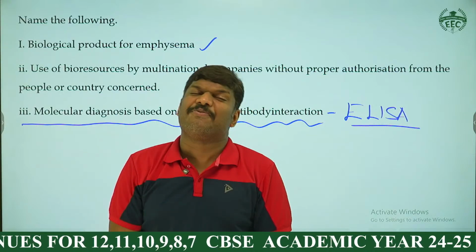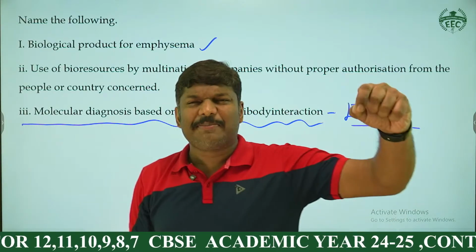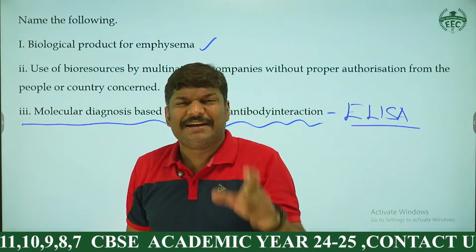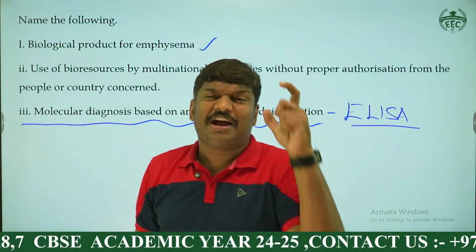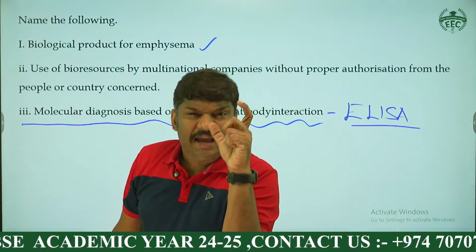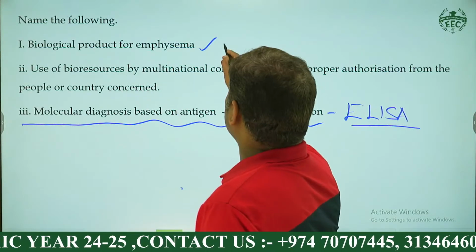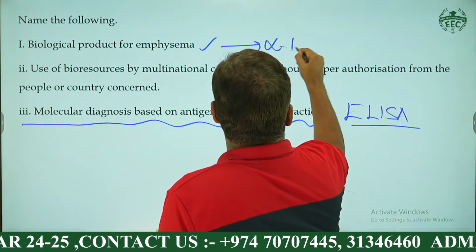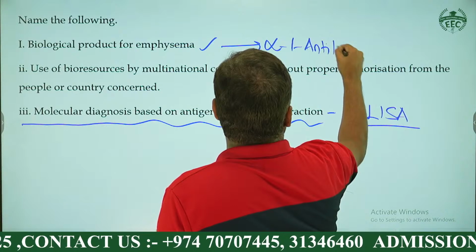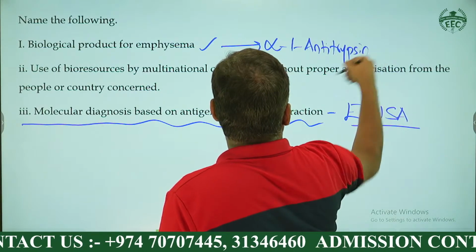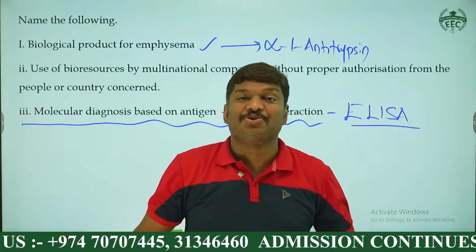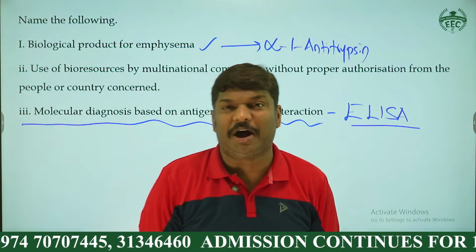The disease is called emphysema. Emphysema is treated by a particular medicine called alpha-1 antitrypsin, a product of biotechnology using transgenic animals. So the biological product for emphysema is alpha-1 antitrypsin. Alpha-1 antitrypsin is used to treat the disease emphysema.